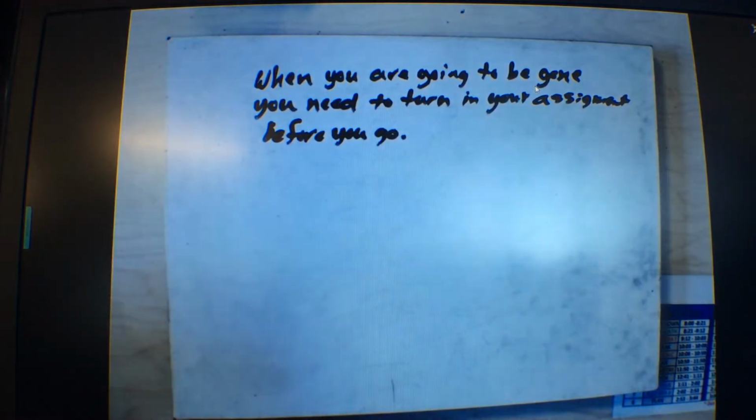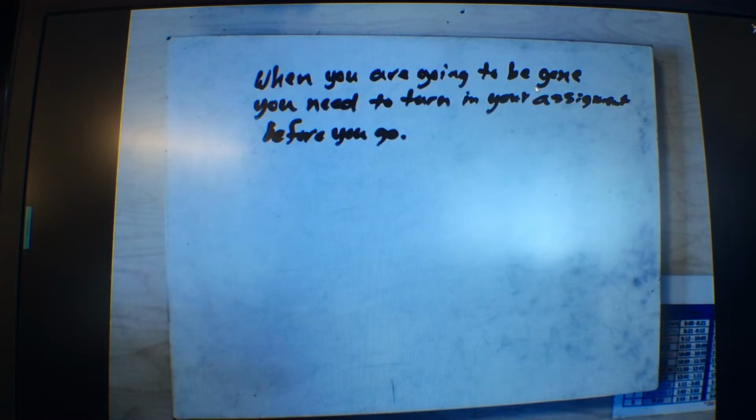That's not directed towards anybody, that's directed towards everybody. So when you're going to be gone, you need to turn in your assignment before you go.